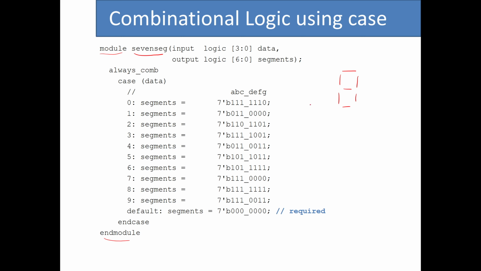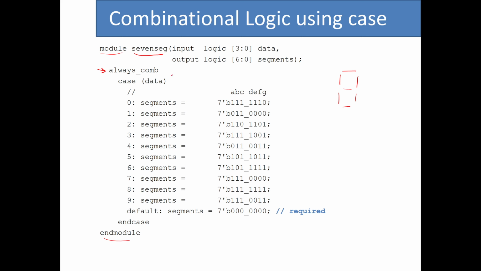Now what we can do is use a case statement to check which one of the data values, or which one of the rows in the truth table, happens. So we have always_comb. Remember, a case statement needs to be inside an always statement. And then we have case data.